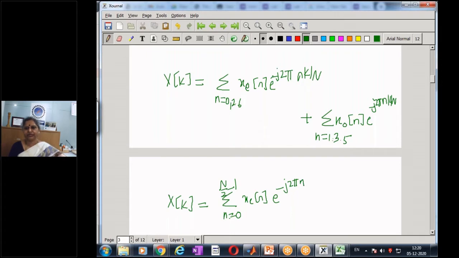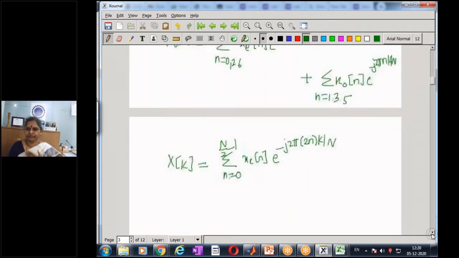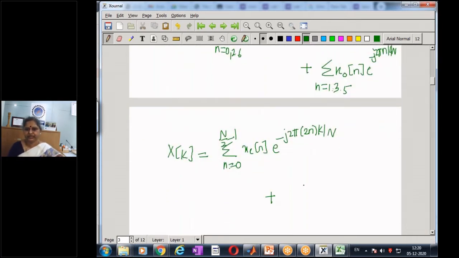Instead of n, I'm going to have 2n because I'm taking all the even terms, so it is 2n k by N, plus sigma n going from 0 to again N by 2 minus 1, all odd terms.